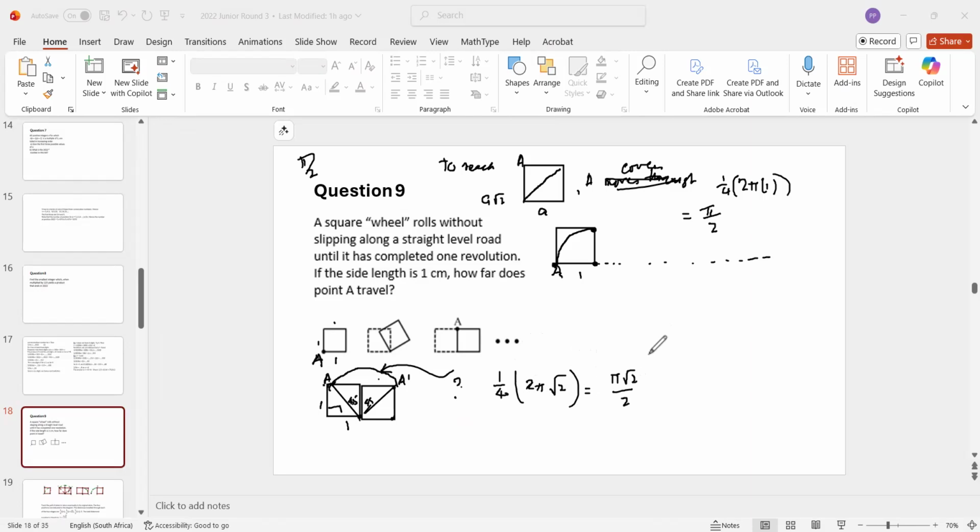All right, now the third stage. So this is the second round, I'll have to add this new distance. It's pi root 2 over 2.